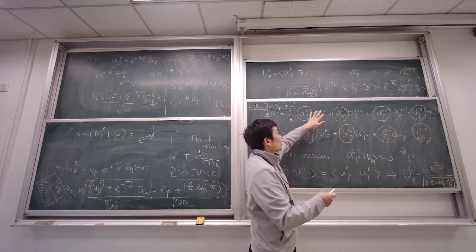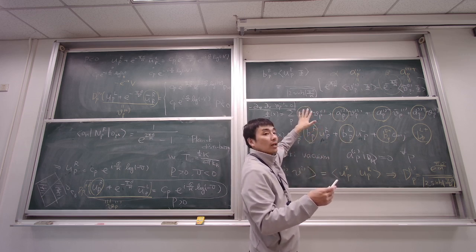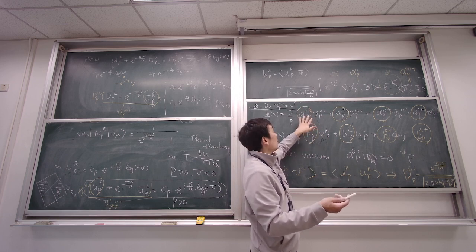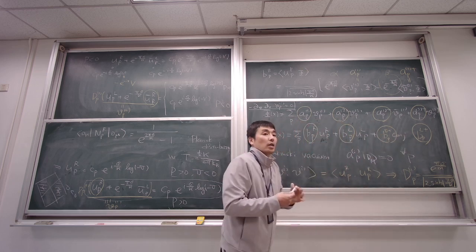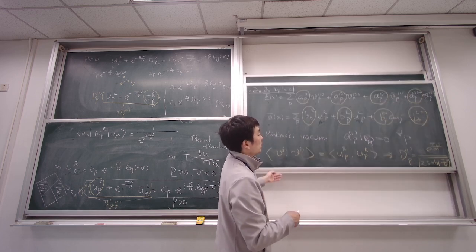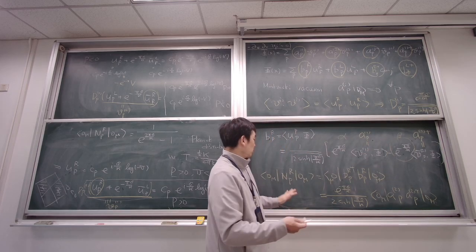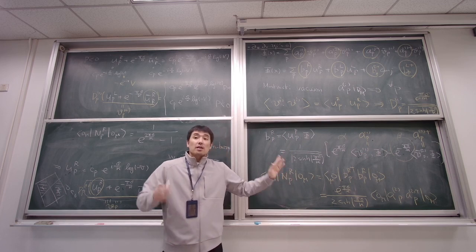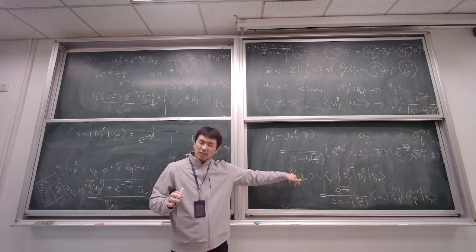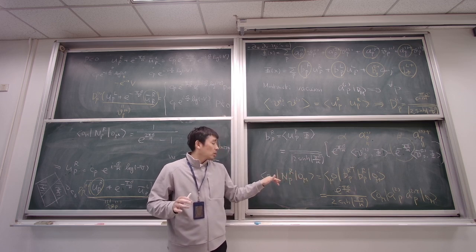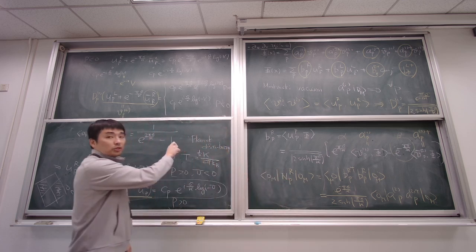But we know the relation between V and U, so that we can give a relation between the creation operator and annihilation operator, A and V. So this creation operator, annihilation operator relation is given in this way, and if you take the so-called expectation value of the number operator in the right Rindler wedge sandwiched by the Minkowski vacuum, you get some Planck thermal distribution.